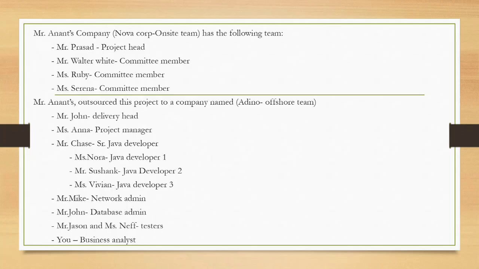Chase, Nora, Shashank and Vivian, these four people will be the developers, the network admin is Mike, John will be database admin, and Jason and Nef will be the testers. You need to use all these resources and create the web application requested by Anand. He gave a budget of 1 crore, and the timeline is 18 months. Okay. Within this, you need to complete it.